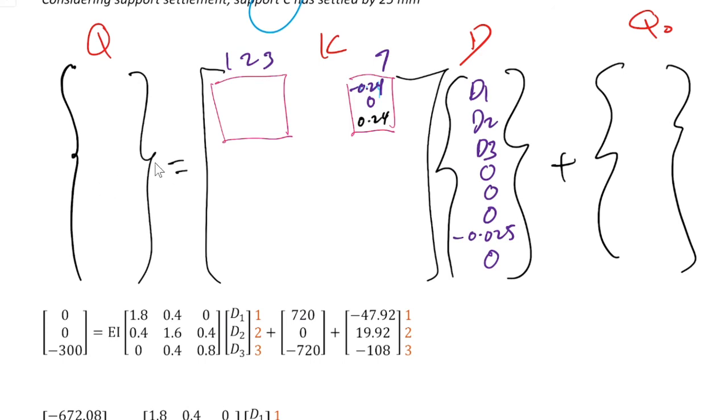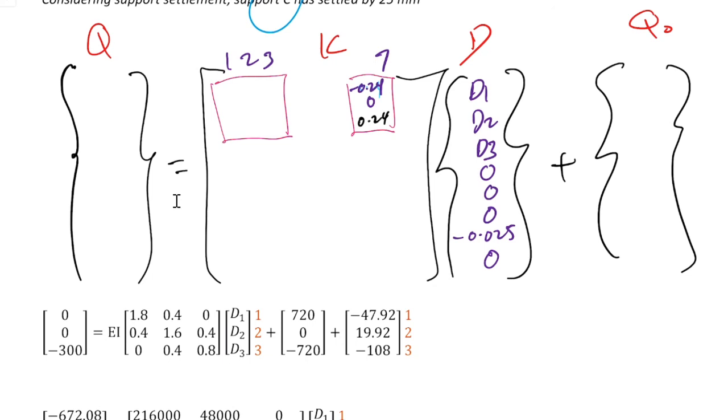After considering EI, EI is 200 times 600. So the first value that we need to key in is 216000. Second value is 48000. Next value is 0.